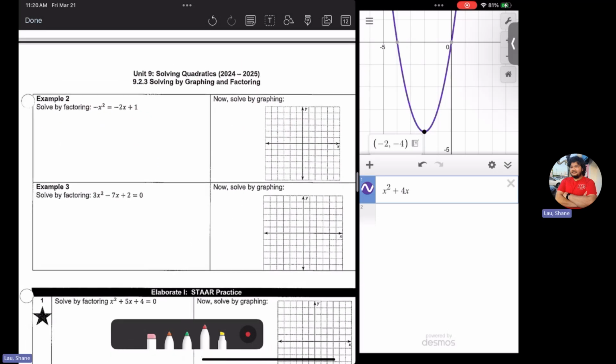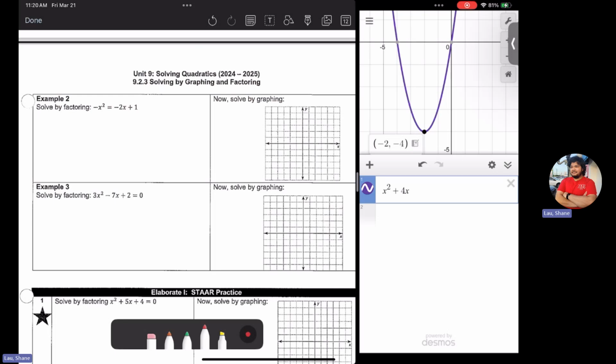Okay, then number 2, very similar situation. However, I see I have -x² equals -2x plus 1. Well, I need to get this to where I have a 0 somewhere, either on the left side or on the right side. Now, personally speaking, I don't like having a -x² or negative leading coefficient.